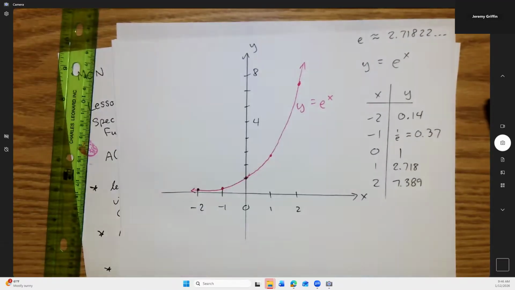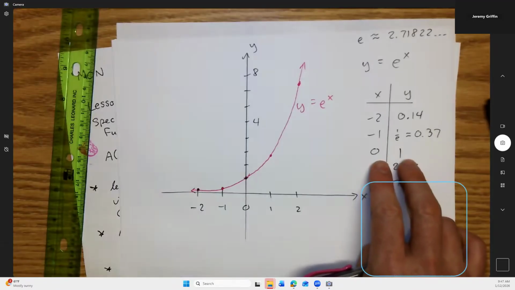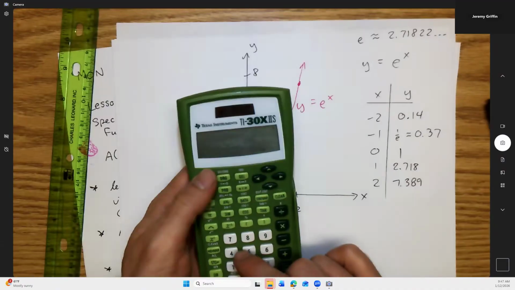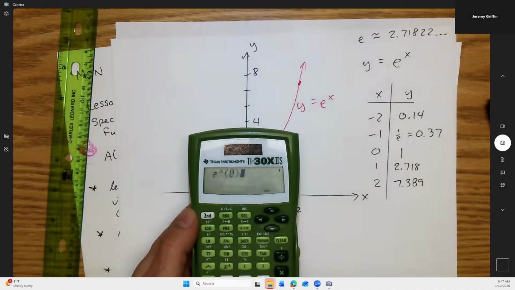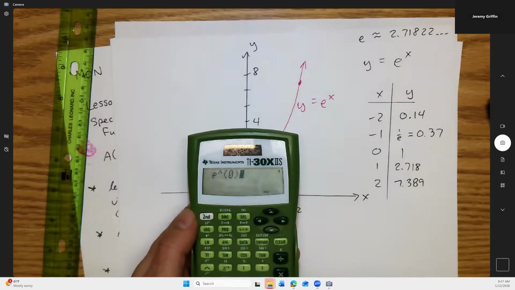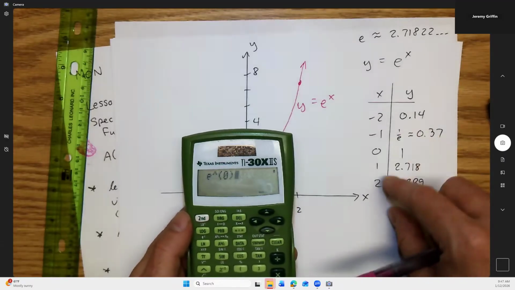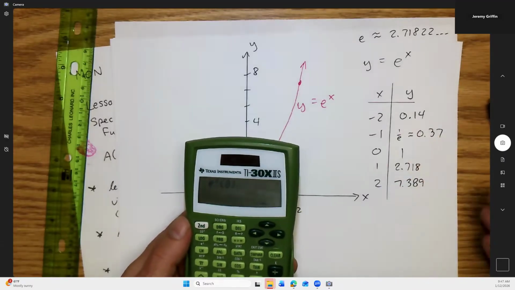How is e to the 0 equal to 1? All right. So anything to the power of 0 is 1. Like as a rule. The power on something is how many times you multiply it by itself.